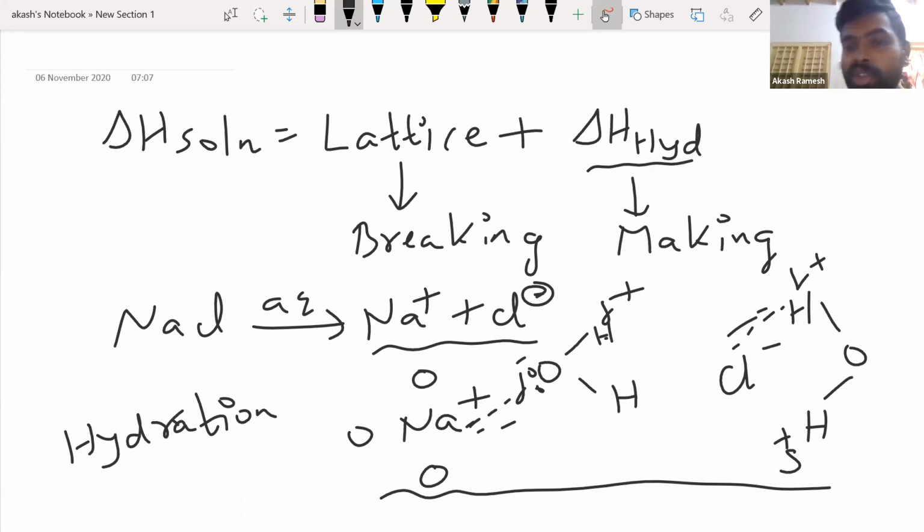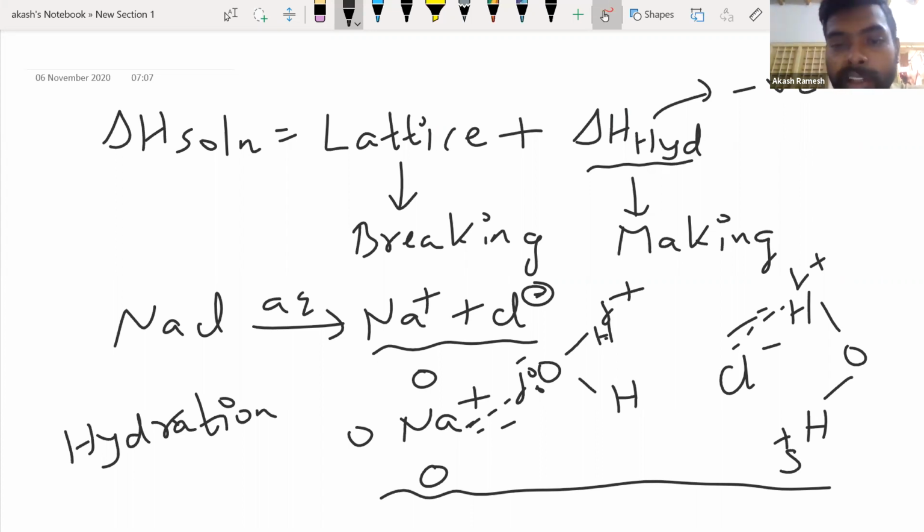So obviously energy is going to get released. Because of these interactions, energy is going to get released. So always and always, hydration enthalpy will be a negative value. Already I told you about certain things regarding enthalpies: whenever you have an exothermic reaction, delta H will be negative, and whenever you have an endothermic one, that is whenever you supply energy, it is going to be a positive value.